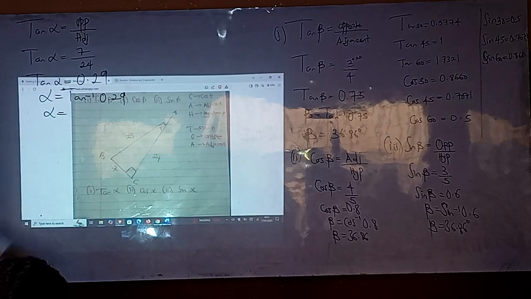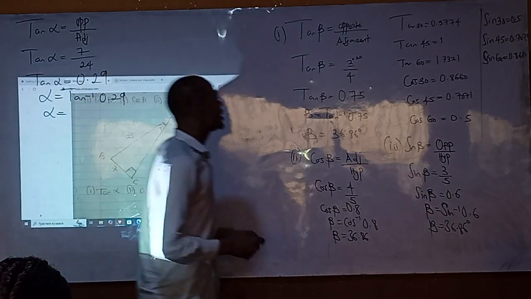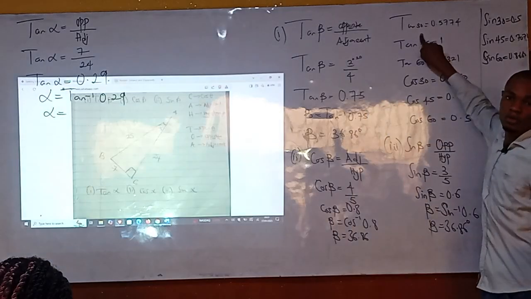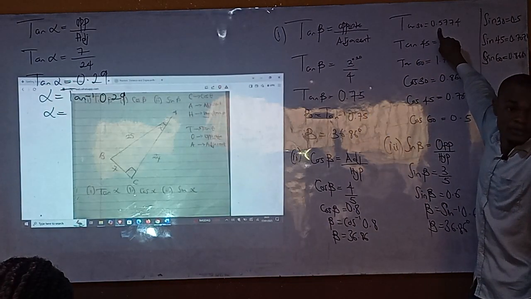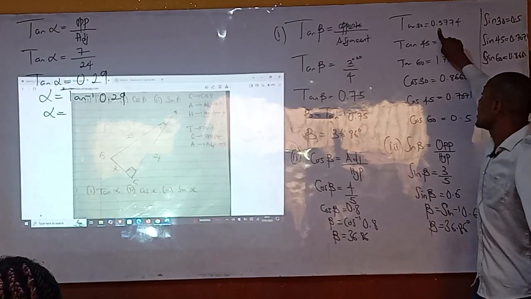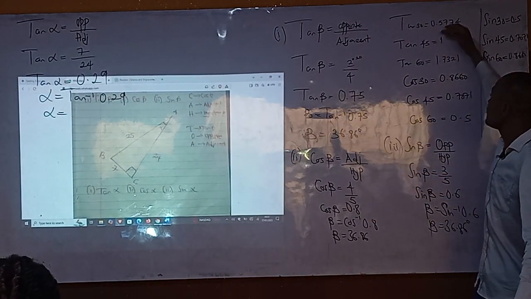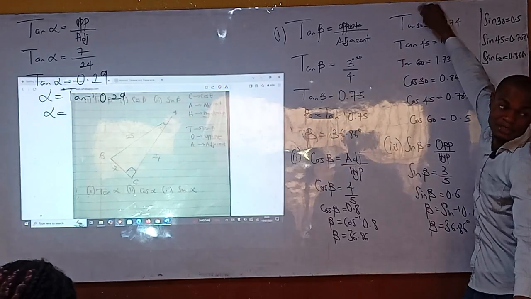Now look at it. Tan 30 is 0.5774, right? And I'm looking for 0.29, so that value is not even here.